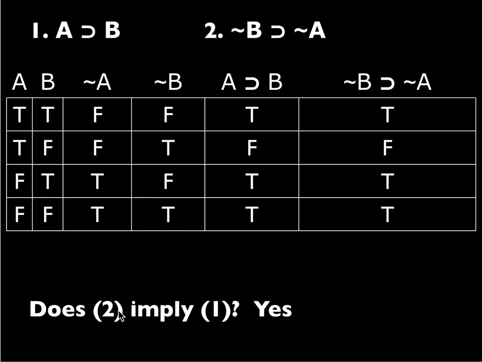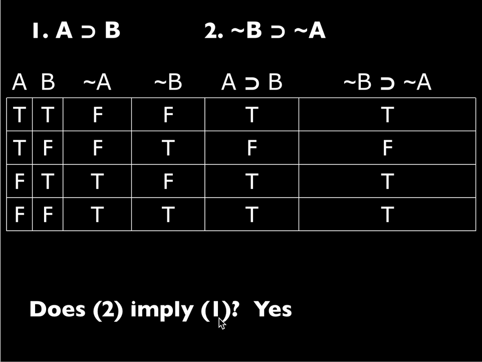So if we're asking, does 2 imply 1, we're going to look for a counterexample row where 2 is true, but 1 is false. That's going to be a row where the truth values are different, right? Counterexample rows, by definition, are rows where the truth values are different. Well, if the two statements are equivalent, we know there aren't any rows where the truth values are different, which means we know there aren't going to be any counterexample rows.